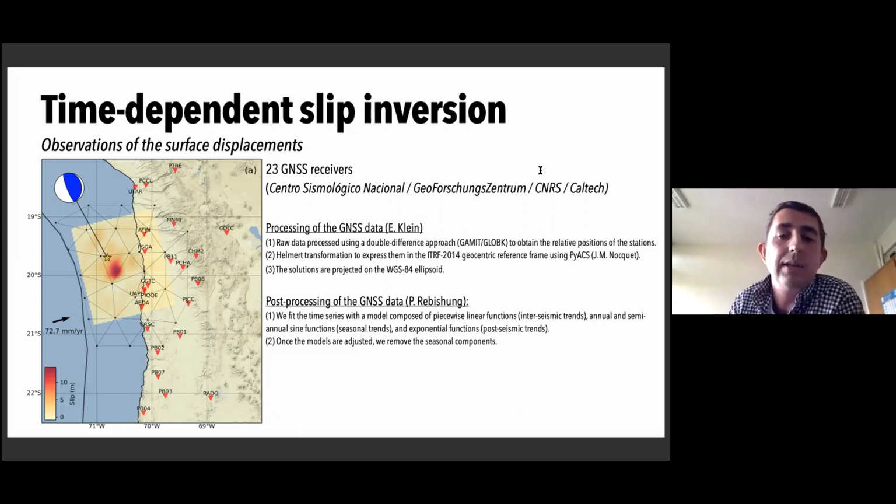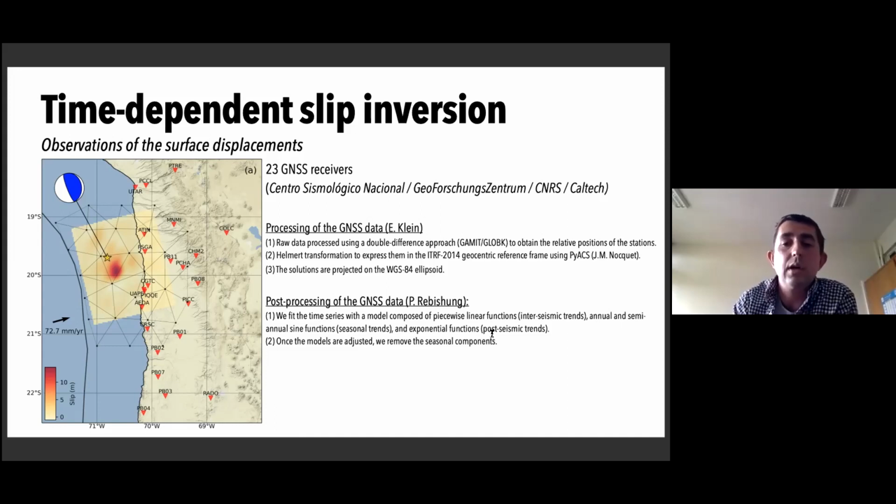Then we did some post-processing, which was done by Paul Rebischung from IGN. What he did was a relatively standard approach for the correction. He took all of the time series and fitted a simple model composed of linear functions, which model the interseismic trends, annual and semi-annual sine functions to model the seasonal trends, and some exponential functions to model the postseismic trends.